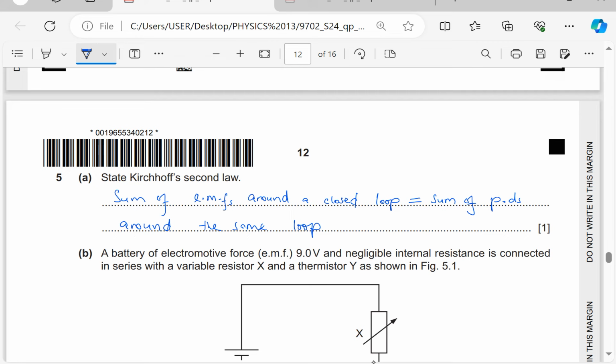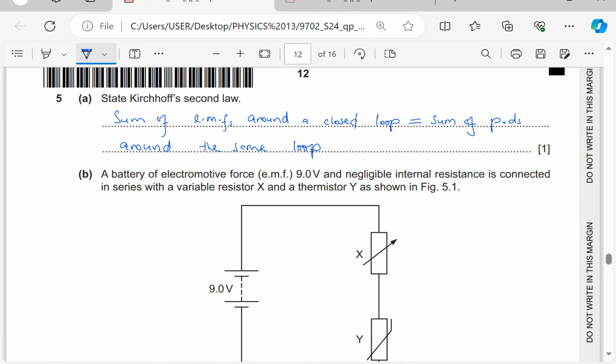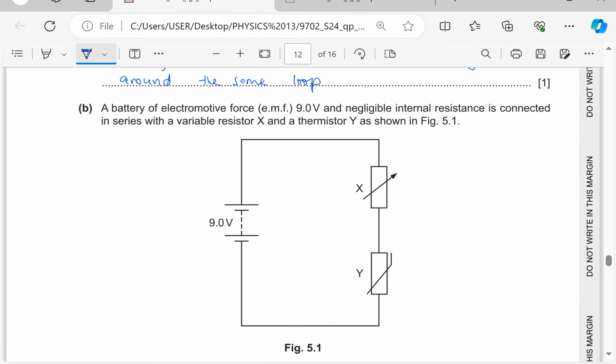So that is Kirchhoff's second law. Remember, the first law is the algebraic sum of currents into a junction is 0.